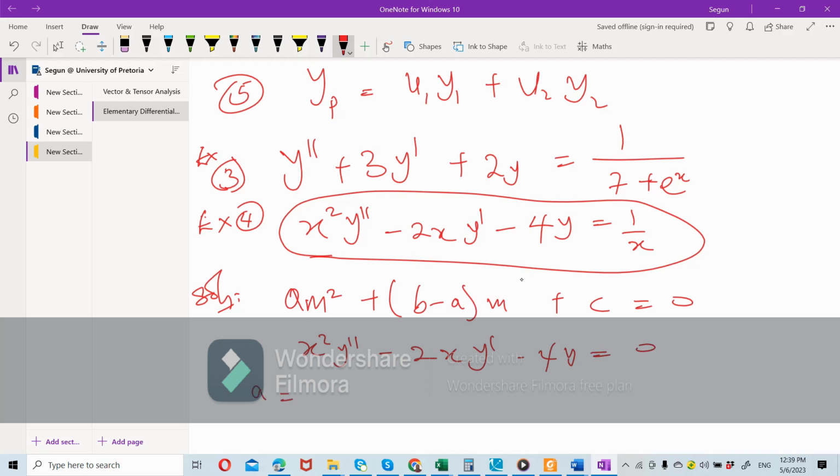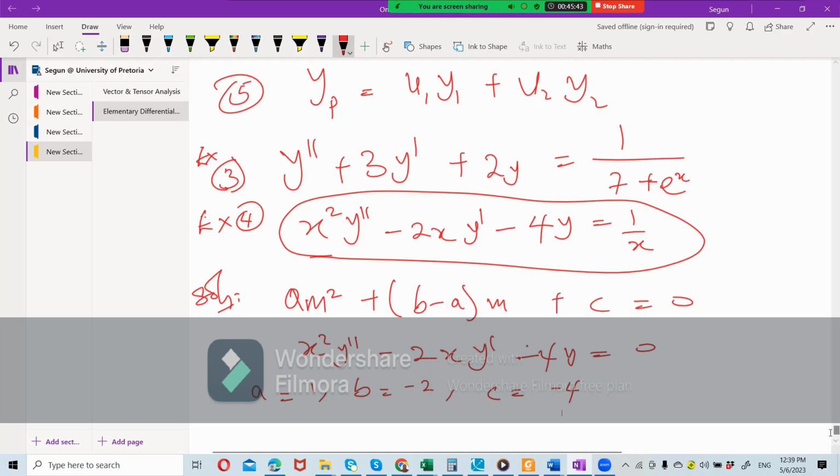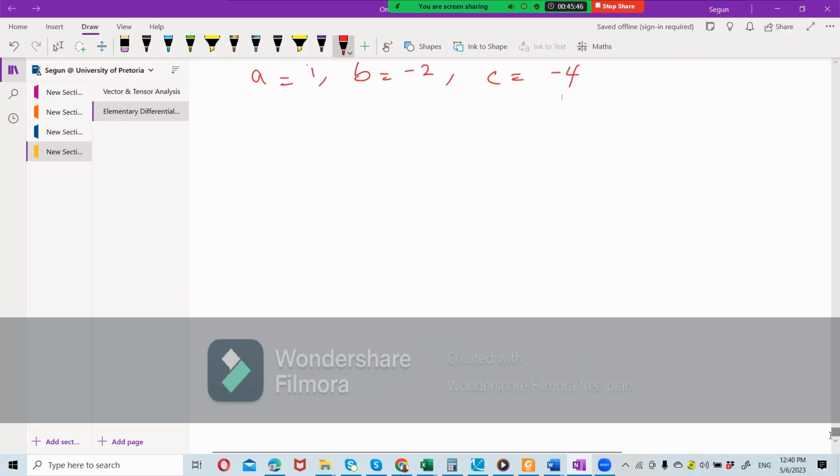What is a? a is equal to 1, right? Yes, sir. b? b is minus 2. Then c? Minus 4. Let's substitute all this. When you substitute it into the equation, what do you have?